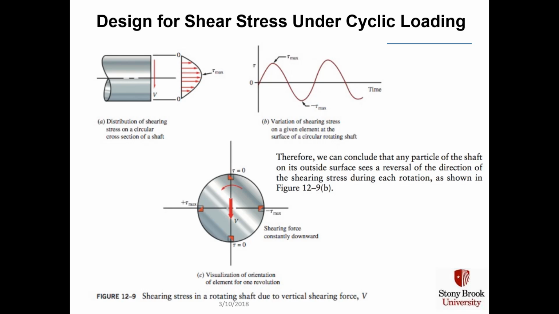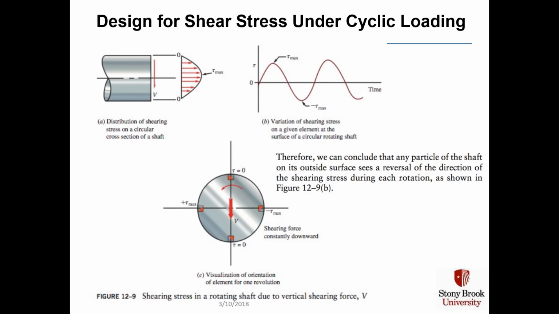So if you look at the bottom of the slide where it says visualization of orientation of element for 1 revolution, what you see is that the shaft is going through cycles.